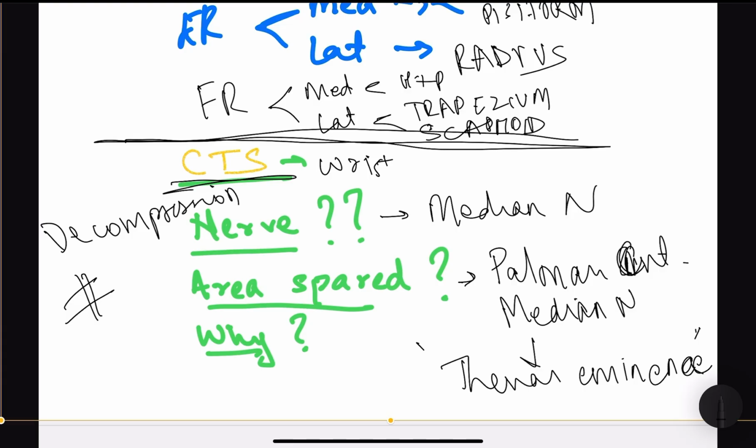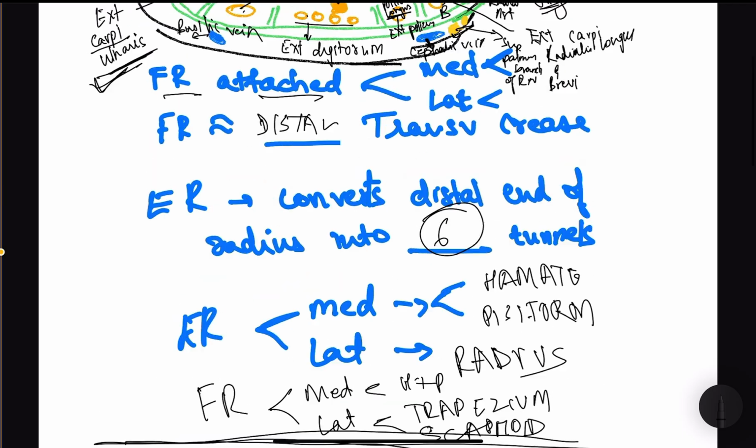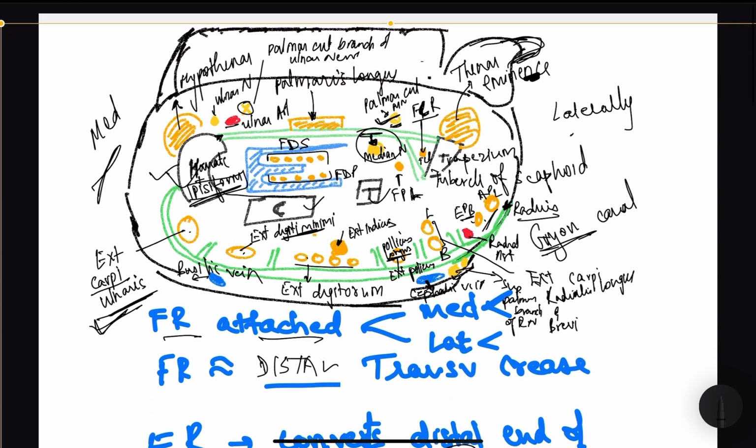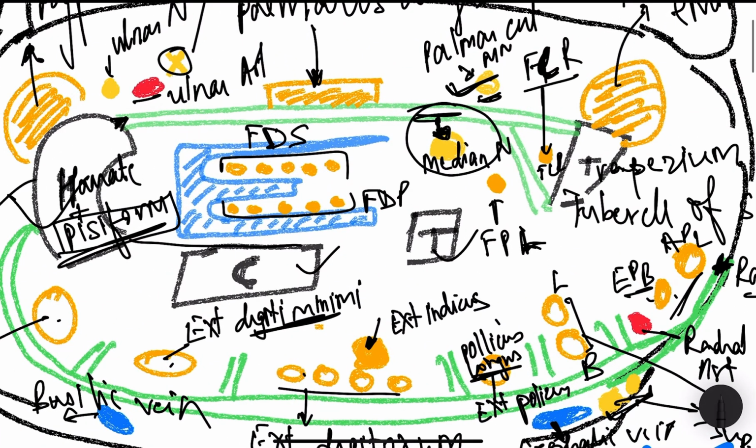Okay. Also, is there going to be any muscle weakness? Think about it. It's a lesion which is here at the wrist, and all of these FDS, FDP, all of the muscles, usually they are getting the nerve supply more proximally, not this distal.